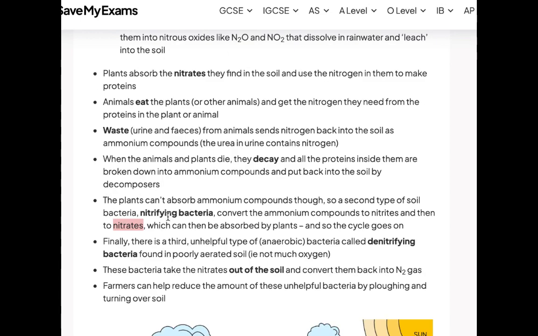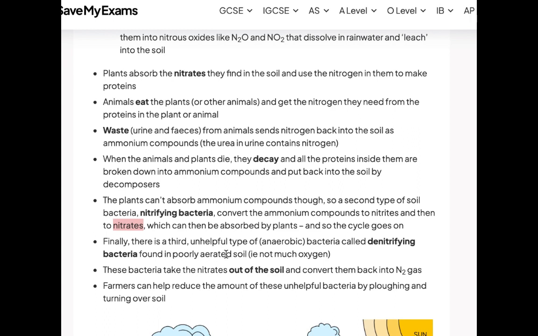But apart from the nitrifying bacteria, which decompose the ammonium into nitrite and then to nitrate, there is also the question of how the ammonia compound is returned to the atmosphere as nitrogen. That is done by another bacteria called the denitrifying bacteria.